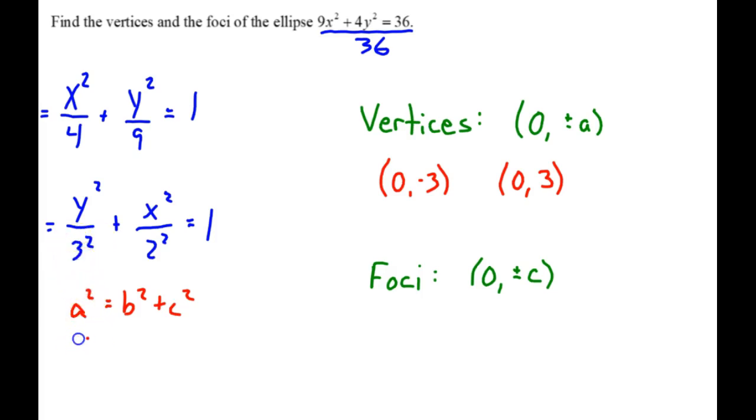So 3 squared is 9, equal to our value of b, which we can see is 2. So 2 squared is 4, plus c squared. Now if we subtract 4 to the other side, we get 5 equal to c squared. If we want to get c by itself, we have to take the square root. So we get c is equal to plus or minus radical 5, which means the ordered pairs over here are going to be 0, negative radical 5 and 0, positive radical 5.